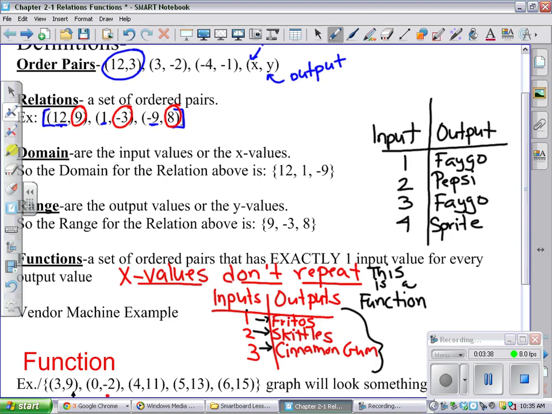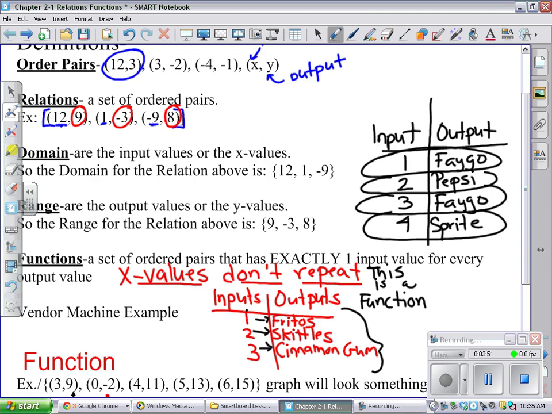When I compare my input values, if I put in 1, I get out a Faygo. I put in 2, I get out a Pepsi. I put in 3, I get out a Faygo. I put in 4, I get out a Sprite. It's still functioning, because if I put in 1, I still get out 1 Faygo. There's no confusion. So yes, this is a function.